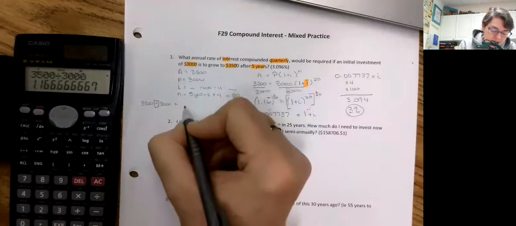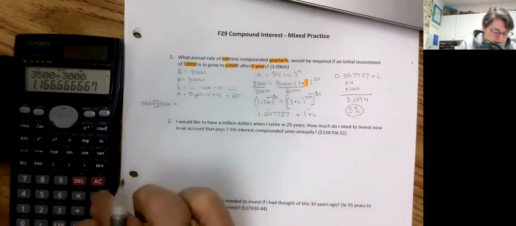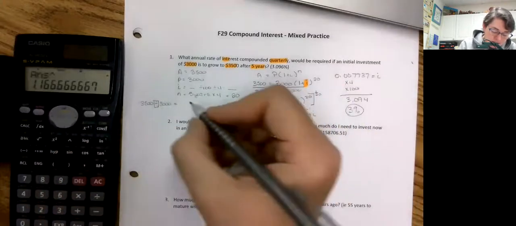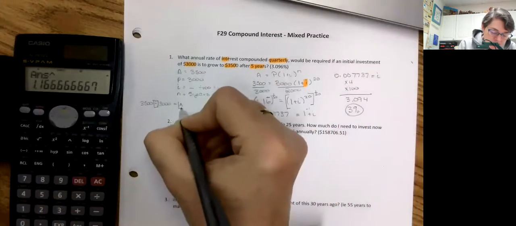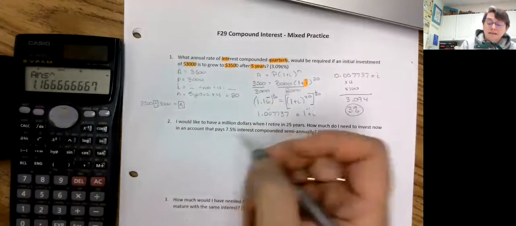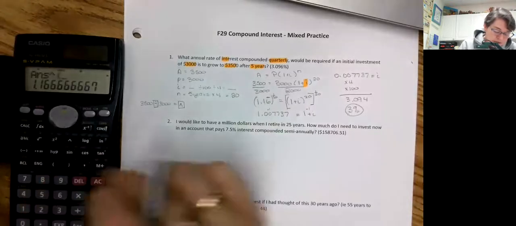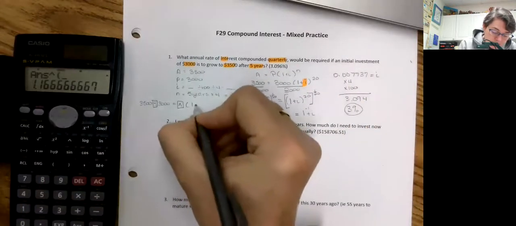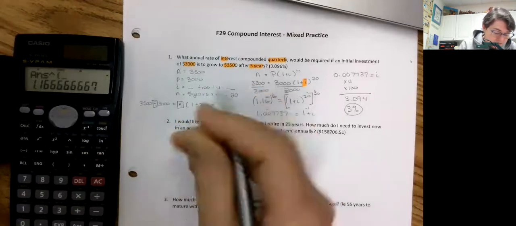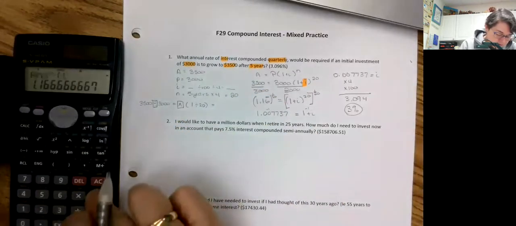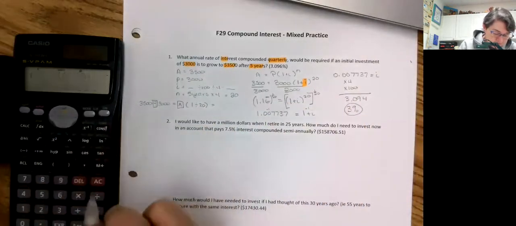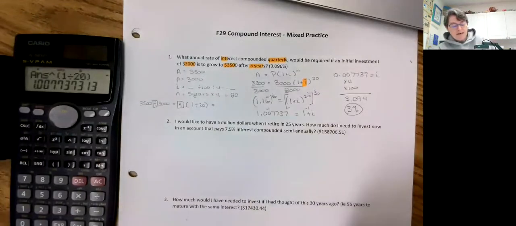And then I wanted to take it to the exponent, so I hit the exponent key. And then I was really lazy. I used bracket 1 divided by 20, equals, and then I closed my bracket and boom, I got that answer.